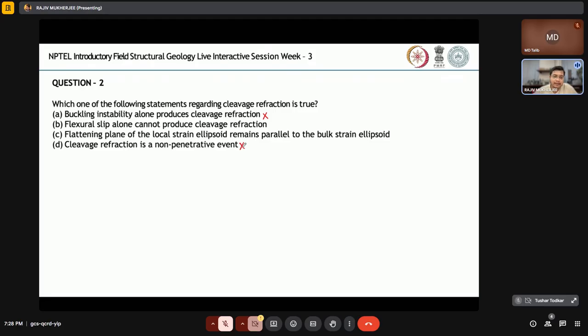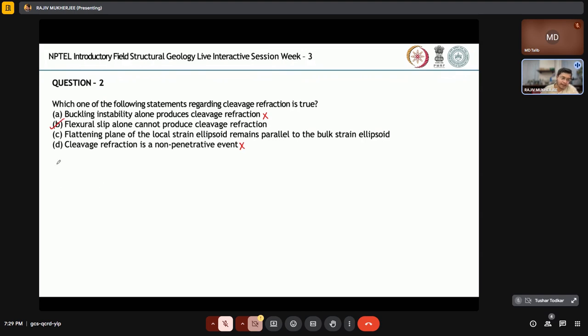It is definitely a penetrative structure, so option D is also discarded. Now, talking about options B and C, it is true that flexural slip alone cannot produce cleavage refraction, and it is the most viable option among these four. So option B is correct.